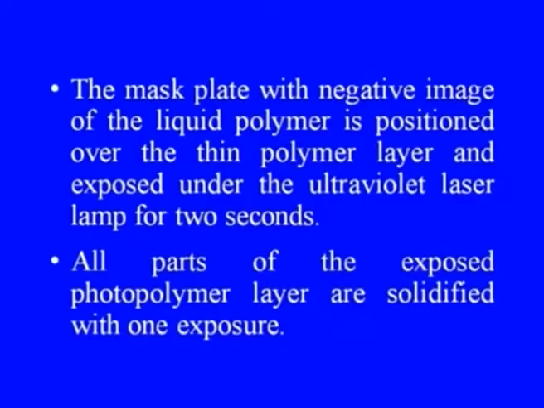The mask plate with negative image of the liquid polymer is positioned over the thin polymer layer and exposed under the ultraviolet laser lamp for 2 seconds. All parts of the exposed photopolymer layer are then solidified with one exposure.